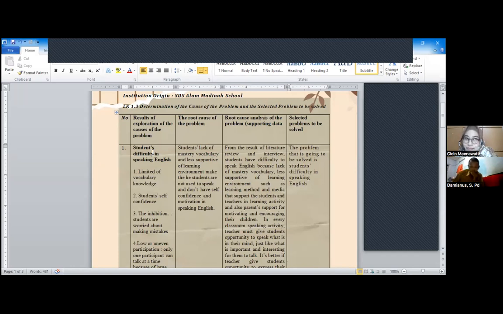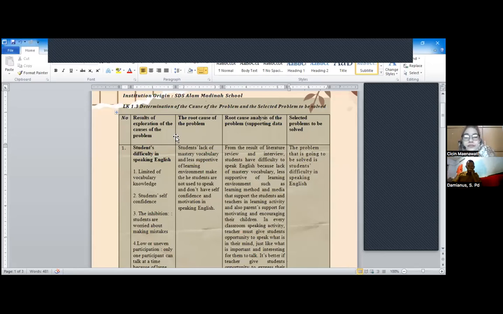Miss Cicin, yes, I would like to ask. Actually, I haven't done it. I just did one problem, like you too, but I made it different from column 1 and column 2. Exploration of the causes of the problem and the root of the cause of the problem. Why don't you explain each point, like limited vocabulary?